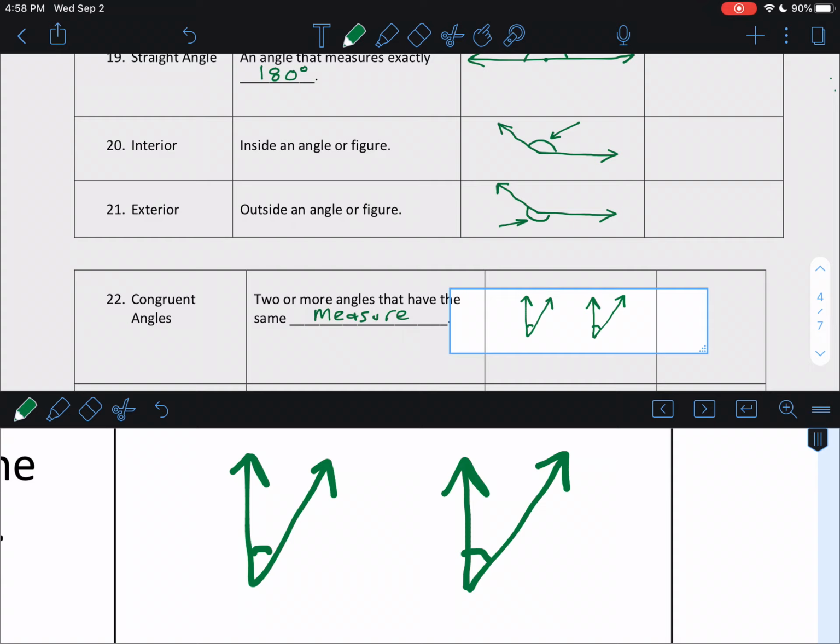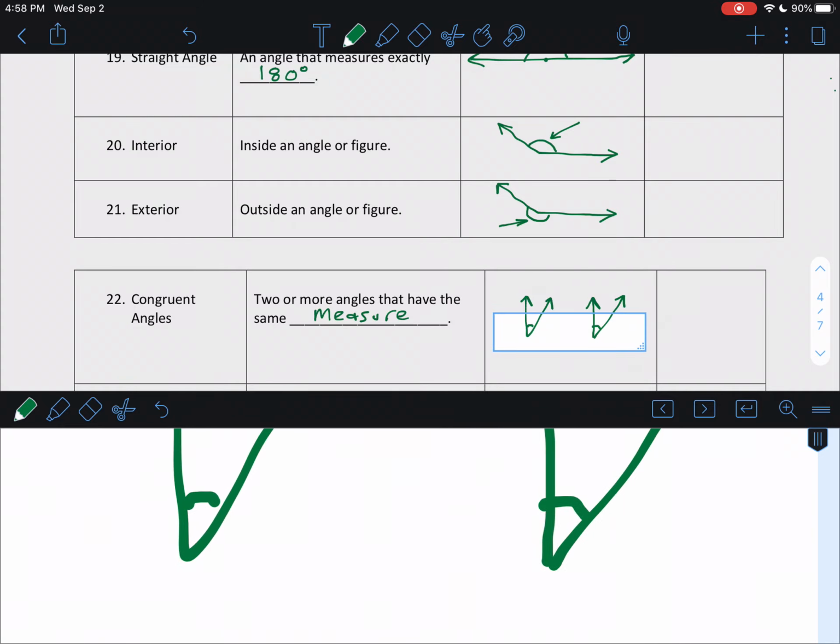And just like with the lines, when we were talking about congruent lines, I can do the same thing with angles. So if I have just one thing on the inside, it means these angles are the same. But if I have two of these on the inside, then that means that these are the same angle.